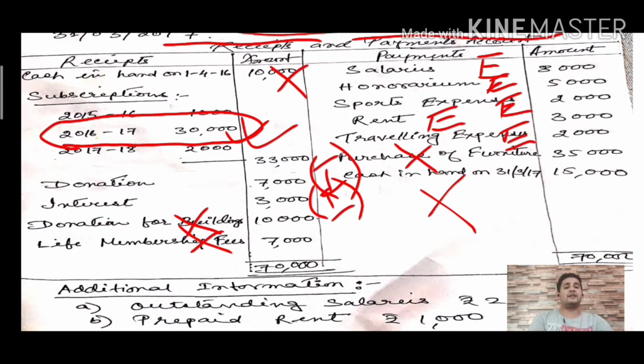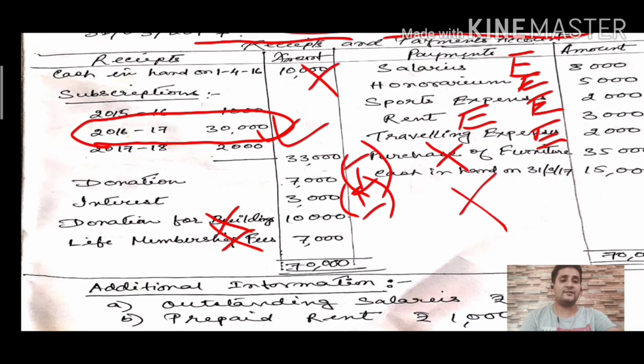You have to remember that if you see the word outstanding in the question, then you add that outstanding amount to the particular item, salaries or rent or wages.